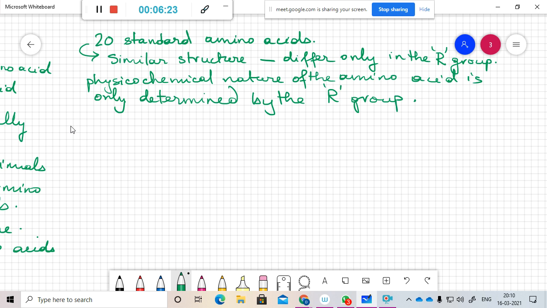So on the basis of this R group, you can divide amino acids into groups. Let us talk about the first group, which are the hydrophobic, aliphatic amino acids.